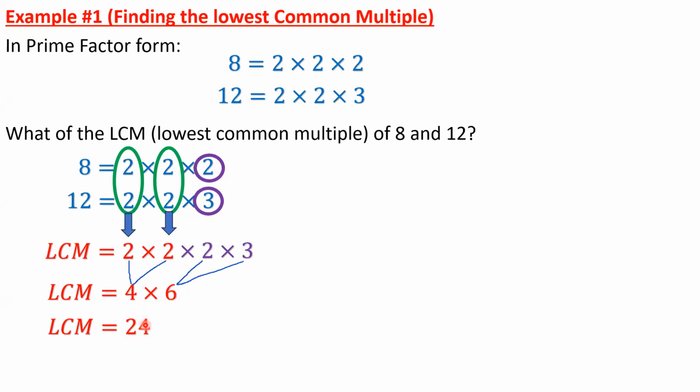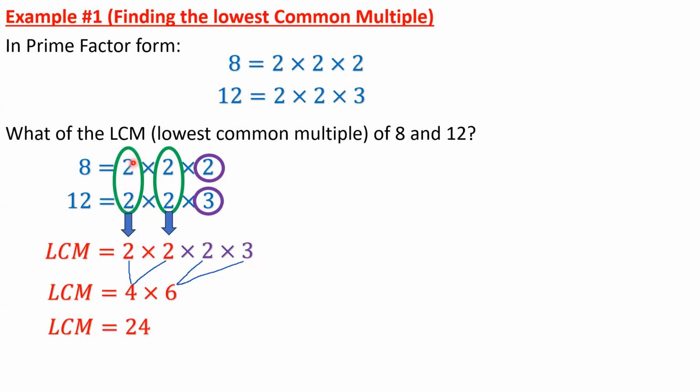Okay, so first, the prime factorization of 8 is 2 times 2 times 2. And the prime factorization of 12 is 2 times 2 times 3. Then after that, you would put back the prime factorizations of 8 and 12, and you'll find a common number, which is 2.